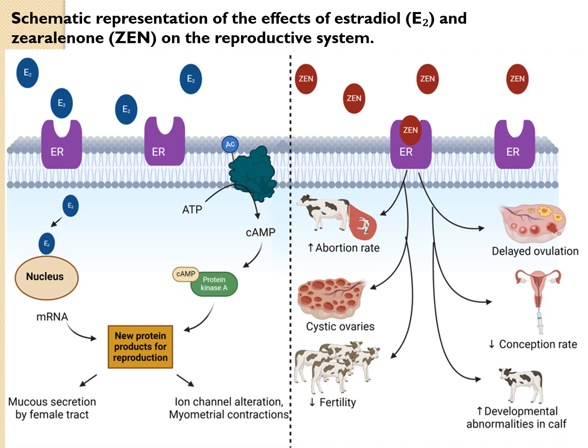On the right side of this diagram, when there is no estrogen present, or there is a minimum production of estrogen in females, like in animals or in humans, the zearalenone that comes from the feed attaches to the estrogen receptors, because zearalenone and estrogen have the same structure, so the estrogen receptor accepts the zearalenone, and when zearalenone attaches to the estrogen receptor, it performs many functions, like it increases the abortion rate if the cattle is pregnant.